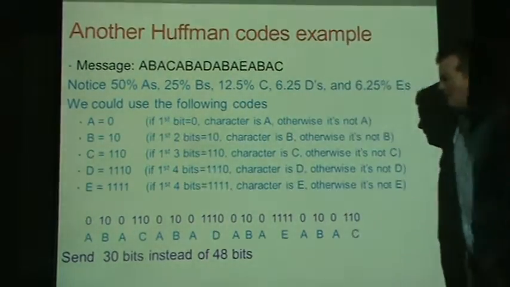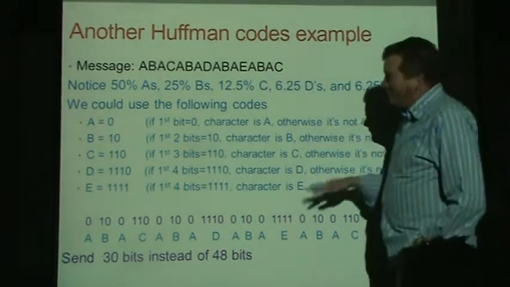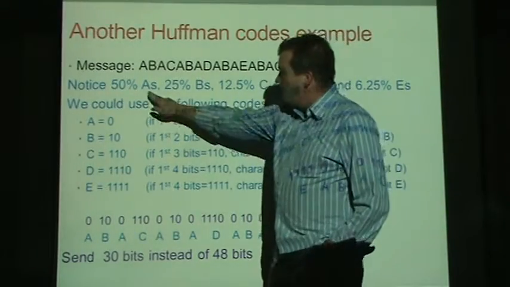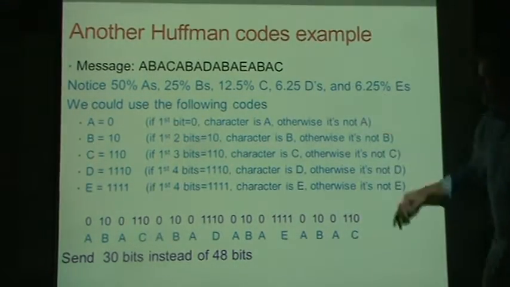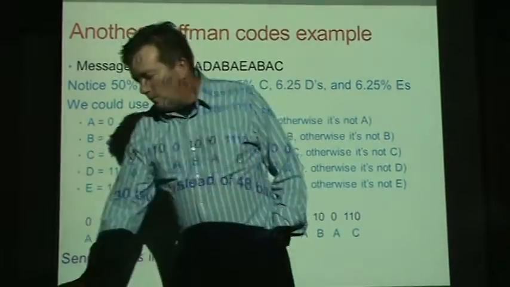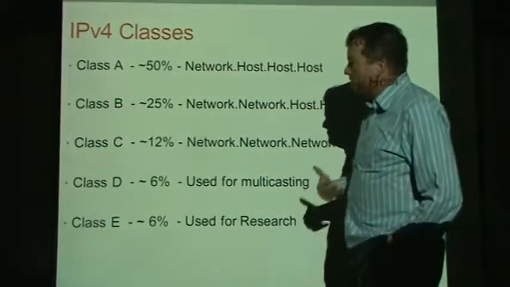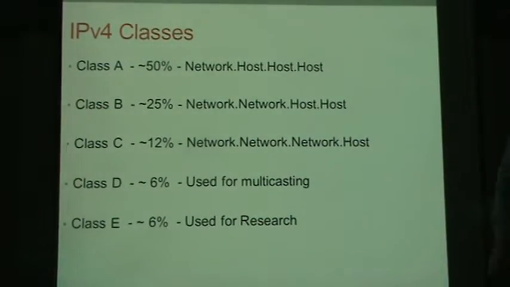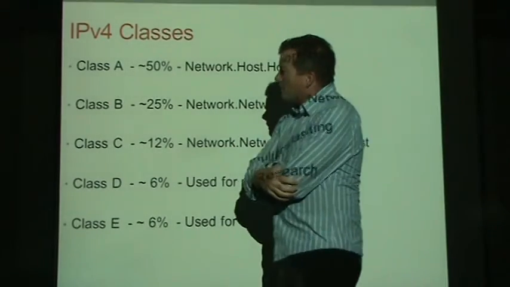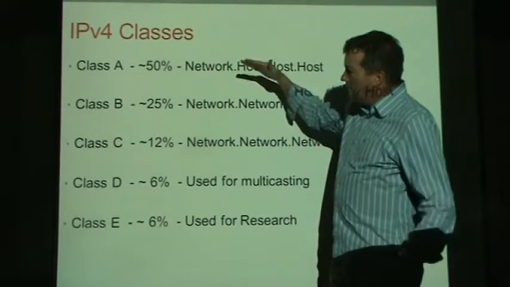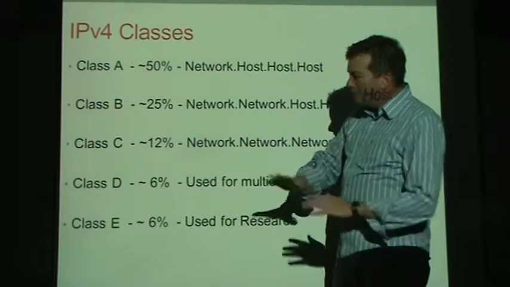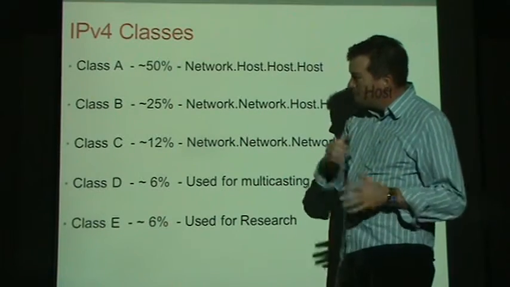message. So the reason I came up with this one, I just came up with a string that would have these percentages, is because the IPv4 addressing scheme uses exactly that. What they decided to do is classify, all the IP addresses will get divided out into groups.